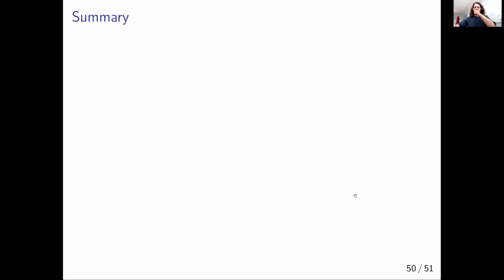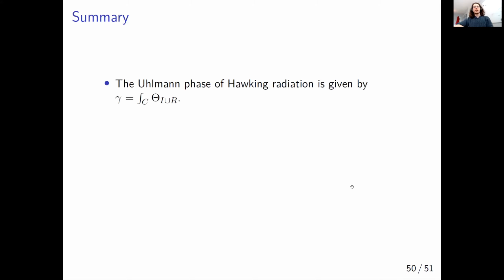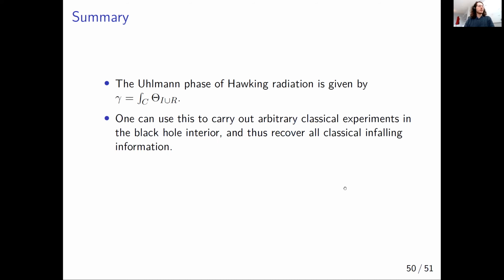So let me summarize what I've told you about today. First, I showed how one can derive the formula for the Almond phase of the Hawking radiation in terms of the classical phase space of the island. Then I explained how one can use this to carry out arbitrary classical experiments in the black hole interior, and therefore to recover all of the classical information that fell in.